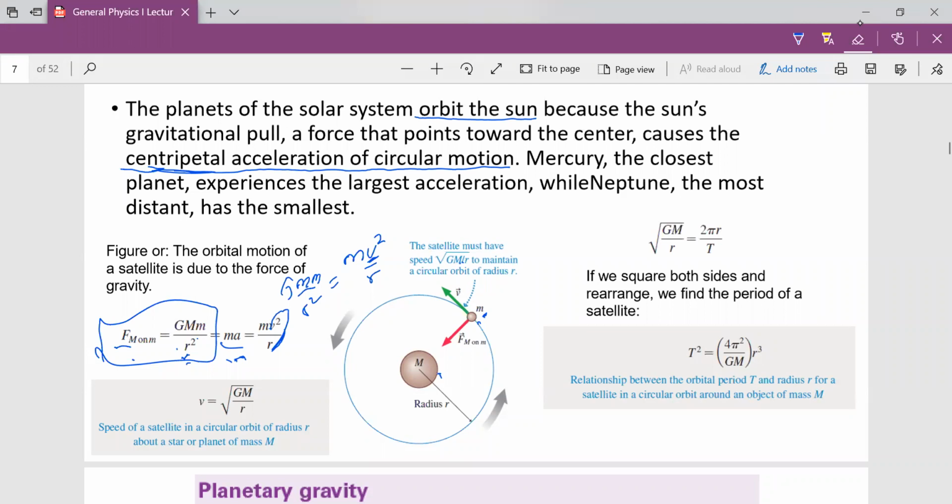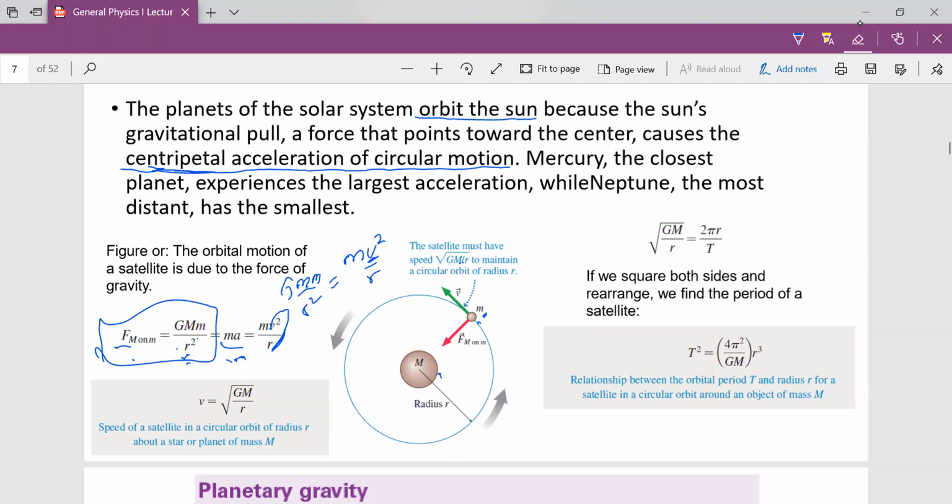So from this, let's make V the subject of formula. We'll have v squared equal to, if you bring these two under, GMm over r squared.